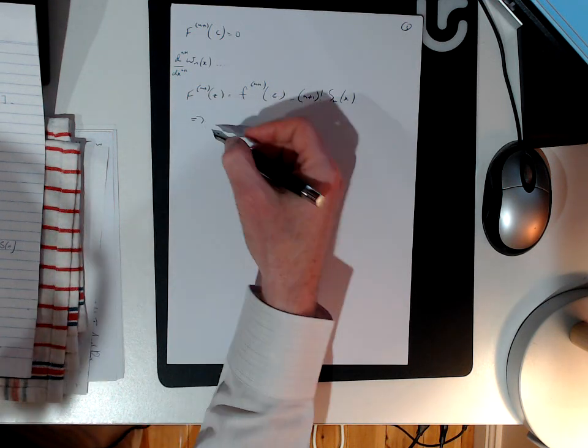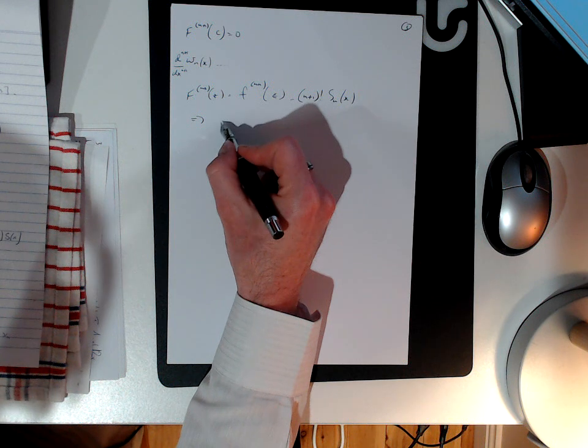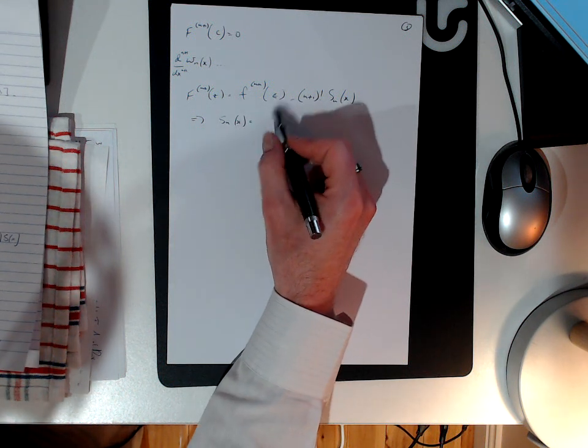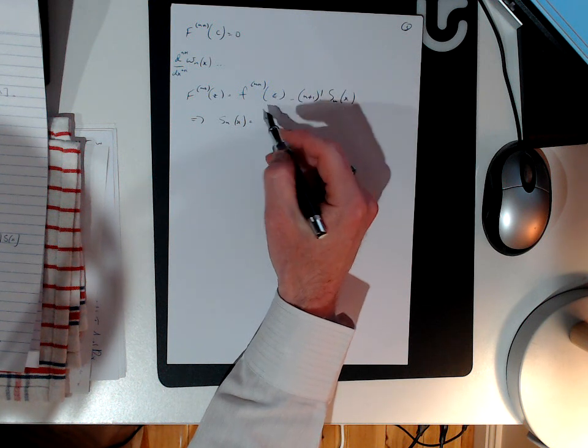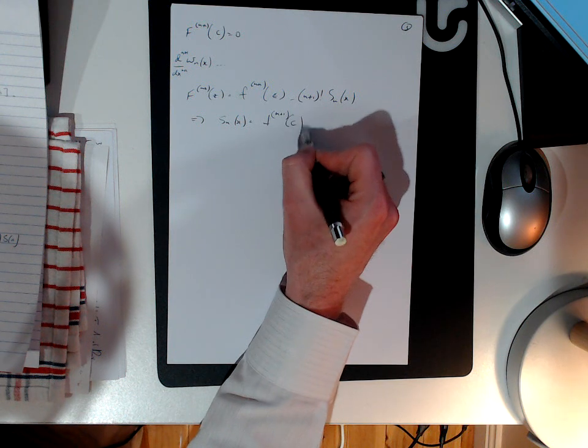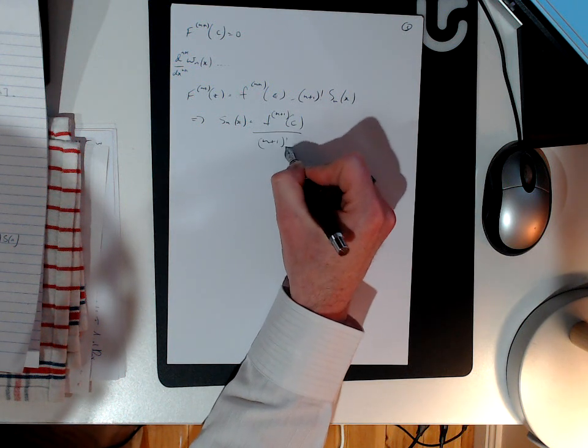And of course, that implies that for our particular c, Sn of x is equal to fn plus 1 c over n plus 1 factorial.